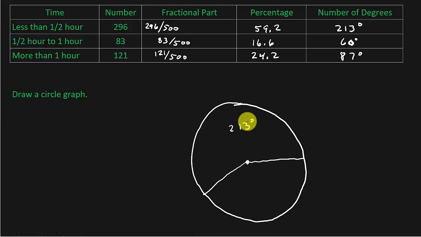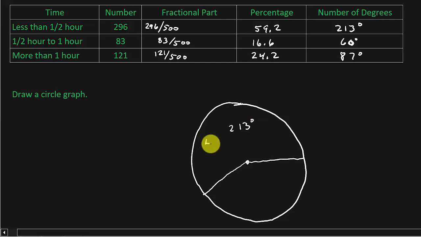And we will say this is less than 1/2 hour. And that is 59.2%. All right. Well, I don't know if you want to put the degrees in there. You typically put the percentage in there.